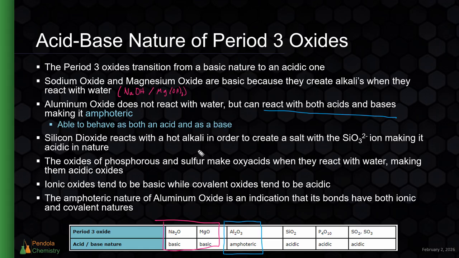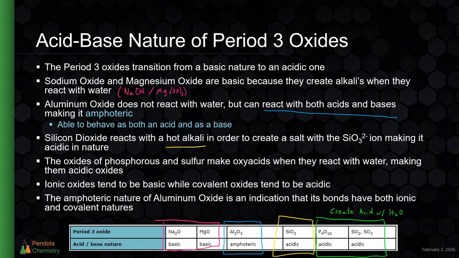Silicon dioxide reacts with a hot alkali. So again, there is no reaction between silicon dioxide and water, but because silicon dioxide reacts with an alkali, we call it acidic. And then finally, the rest of them, the covalent compounds, the P4O10, SO2, and SO3, those are acidic because of the reactions with water. These create acids with H2O.